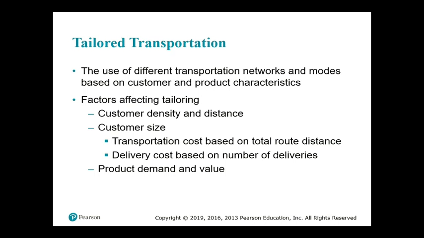Customer size, this is generally referring to customers being businesses, so how large are their orders? And also the overall demand for the product and the value of the product.